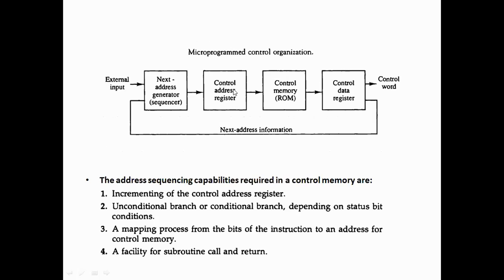There will be a control address register. Since we are talking of a separate memory unit called control memory, and we have to manage this memory, we have to fetch micro instructions from this control memory, and then decode those micro instructions.